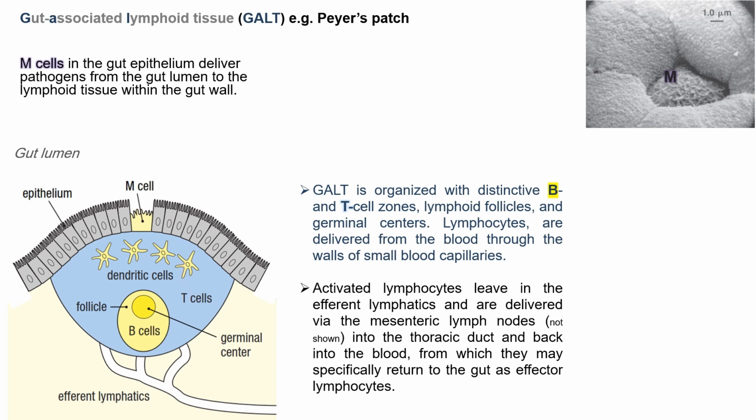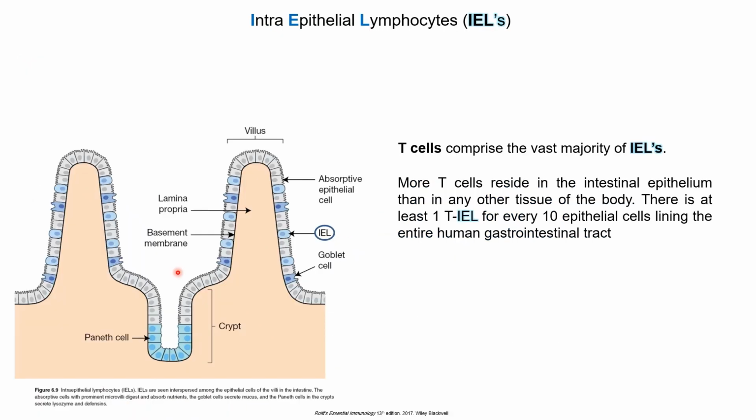Now, when we talk about T cells, they themselves are also present within the mucosal surface, and there's a class of cells called intraepithelial lymphocytes, and most of these lymphocytes are actually T cells. So we've got various types of cells lining the intestine.